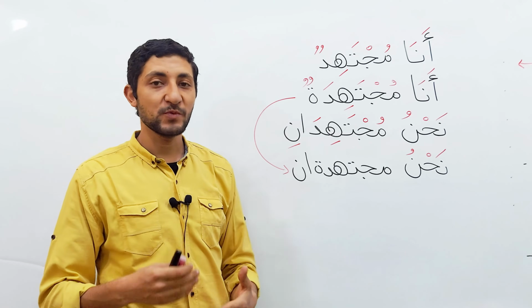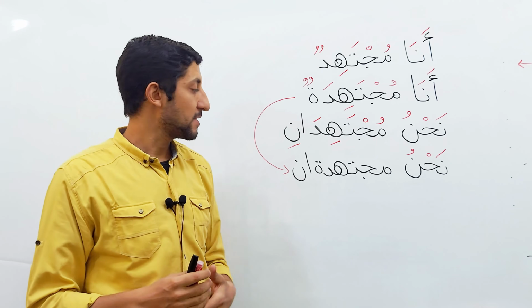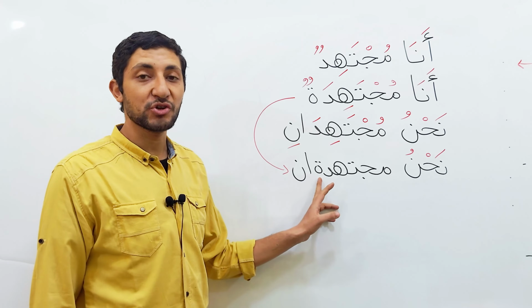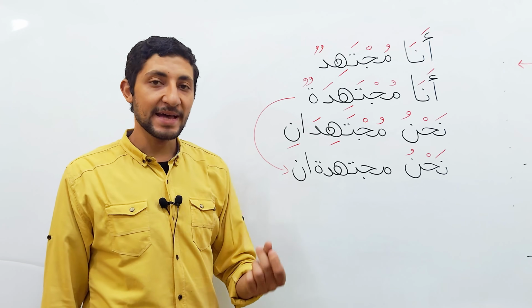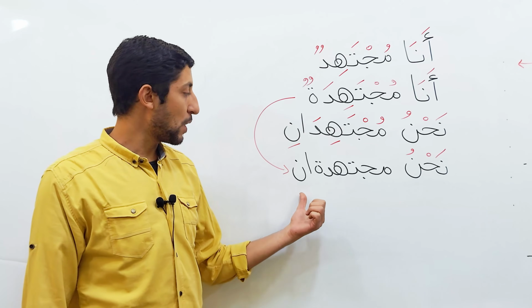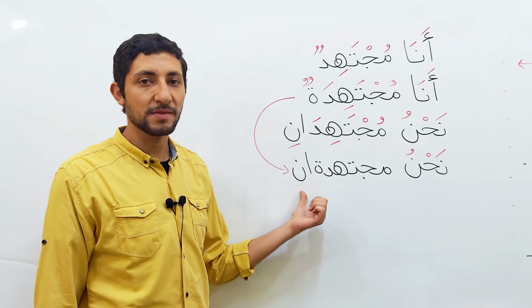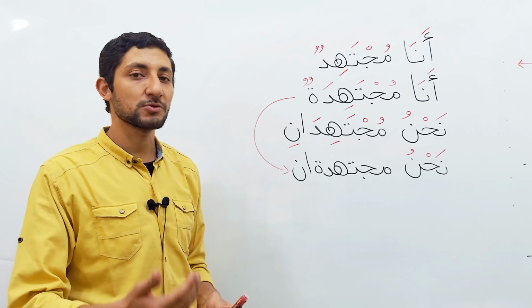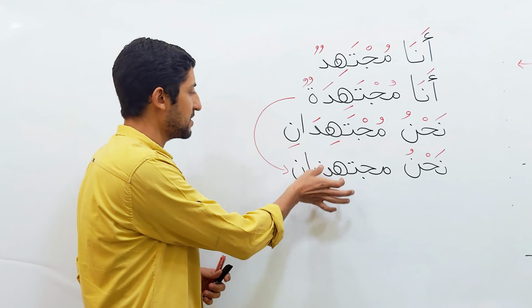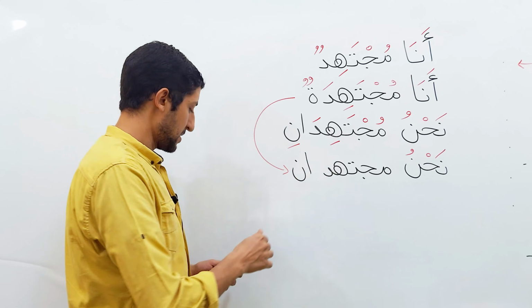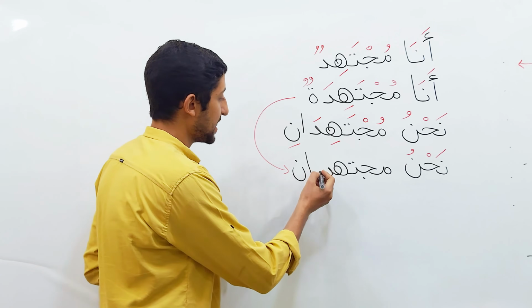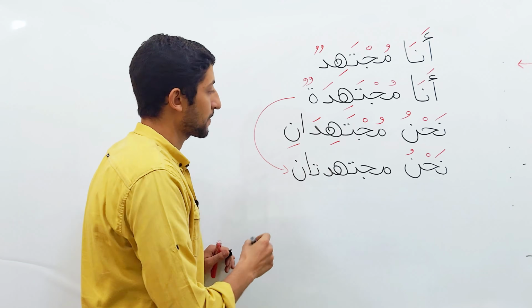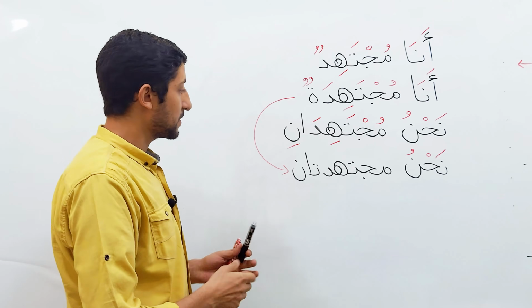And we mentioned in lesson number 2 that it gains this shape only when it's the last letter of the word. But now, after adding the suffix, it's no longer the last letter, which means it will get back its original shape, which is the normal ta letter. مجتهدتان. And also the labels will be the same.